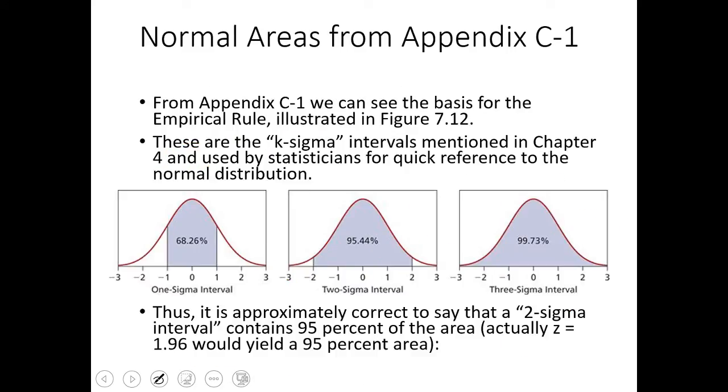So we apply this idea. The probability that z is between minus 1 and 1 covers 68.26%, and minus 2 to 2 covers 95.44%, and minus 3 to 3 covers 99.73%, which is the empirical rule we studied in the previous chapter.